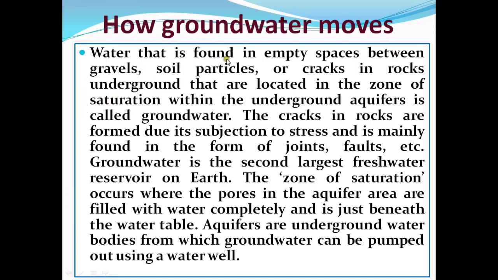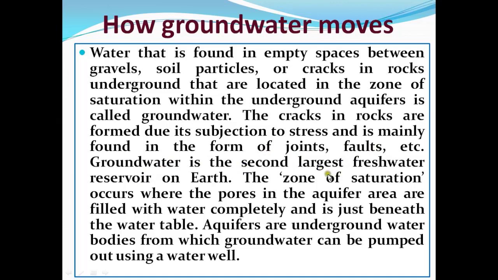Water that is found in empty spaces between gravels, soil particles or cracks in rocks underground, located in a zone of saturation within the underground aquifers, is called groundwater. The cracks in rocks are formed due to stress and are mainly found in the form of joints, faults, etc.